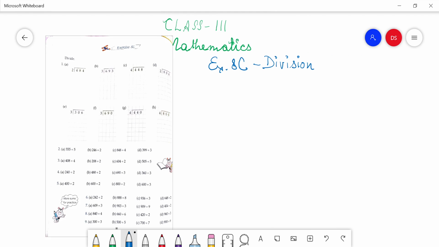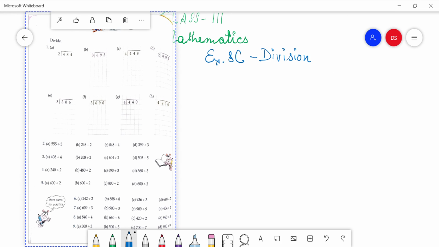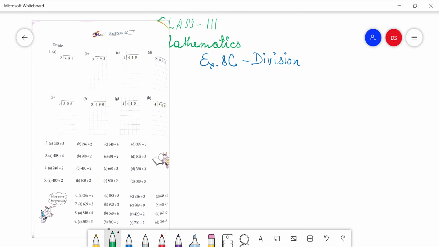Children, you can see this is exercise 8C. The question is divide. So we will start division. We will take first sum first of all, A part.